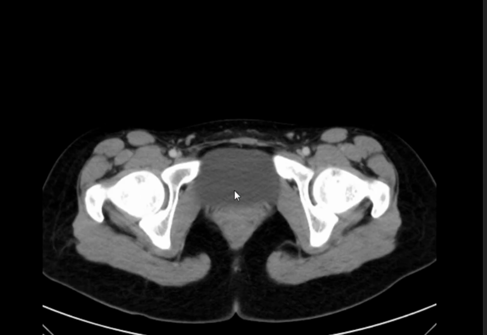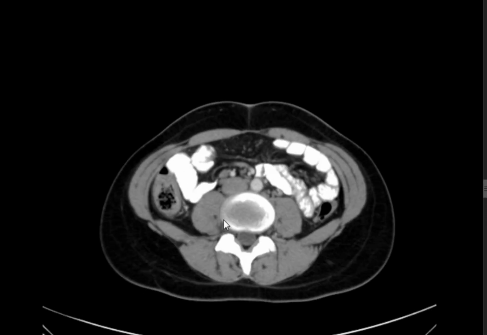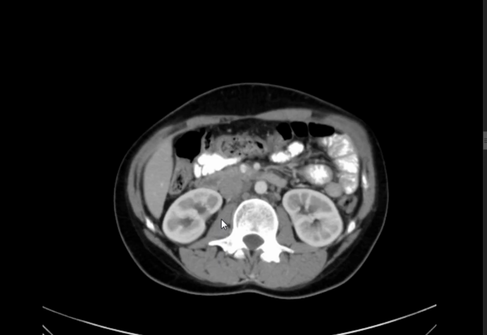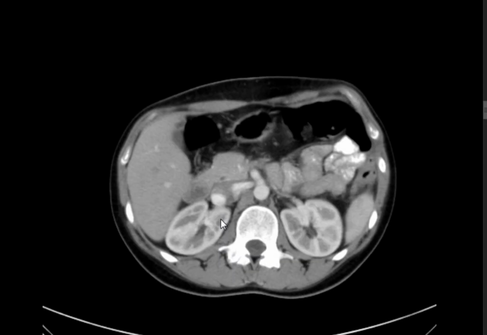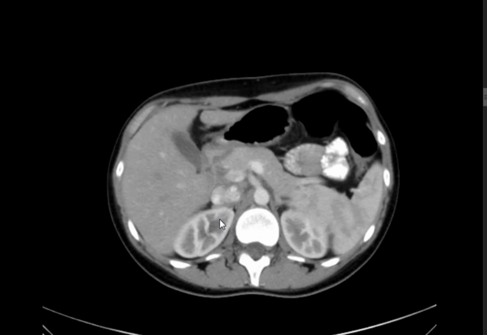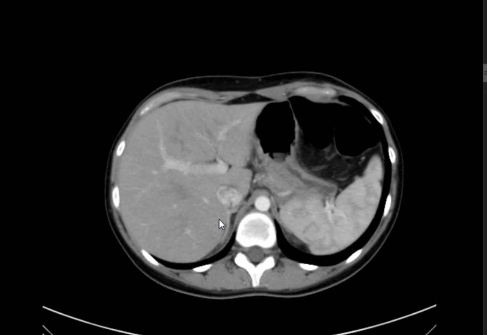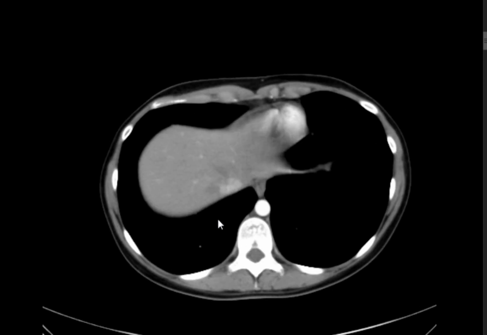So CT scan, abdomen and pelvis, you see the whole abdomen. You try to locate some sort of abnormality, and then you focus on it. Both kidneys are normal. Look, first you take a look at the entire exam, then you decide the kidney is normal, the liver is, I don't know what.